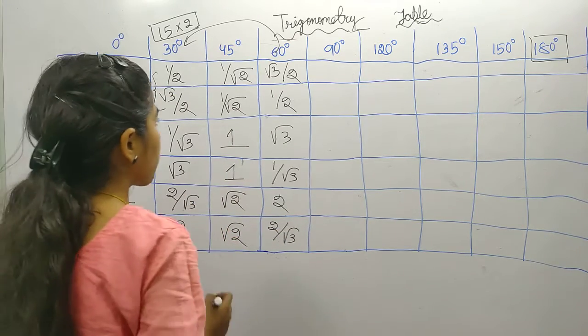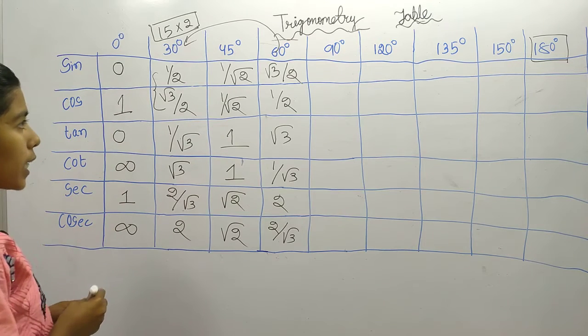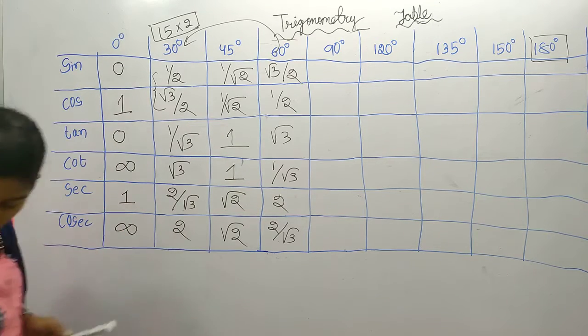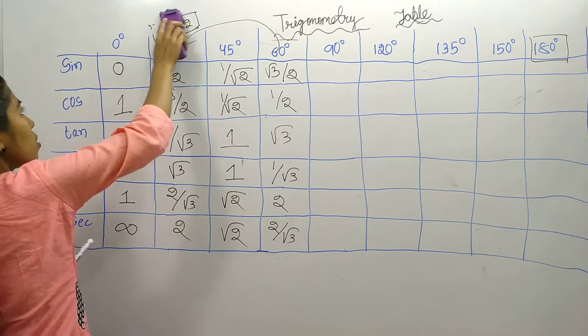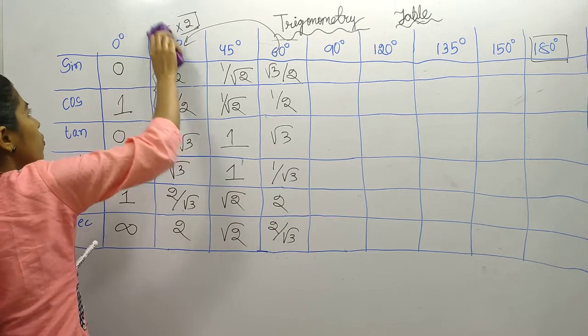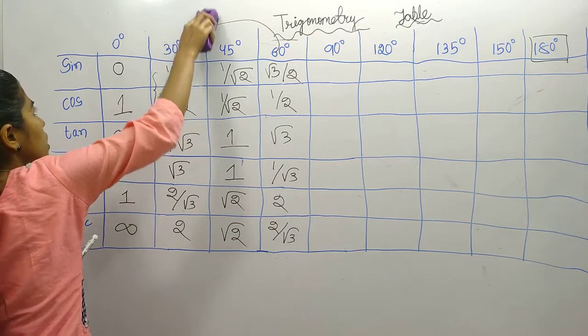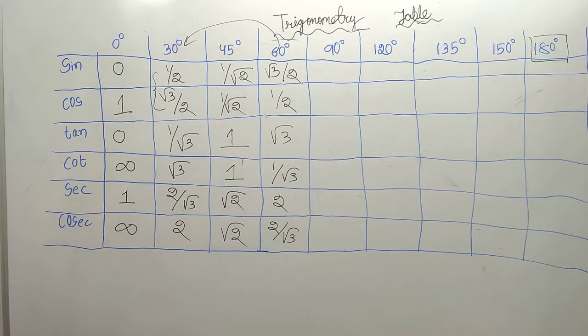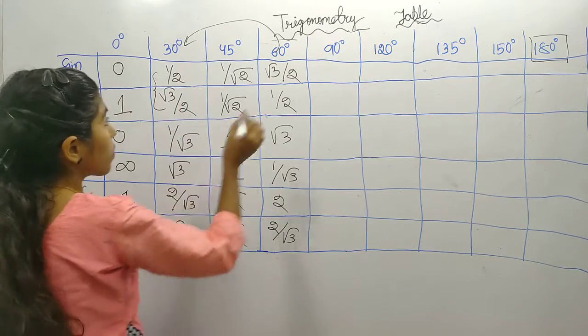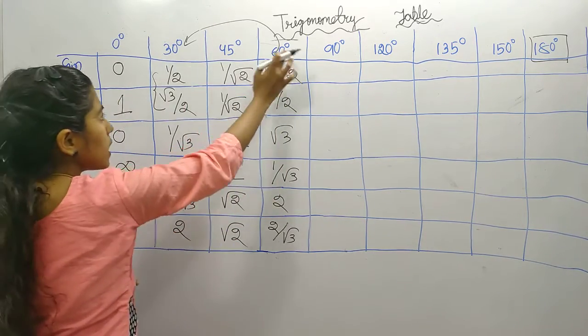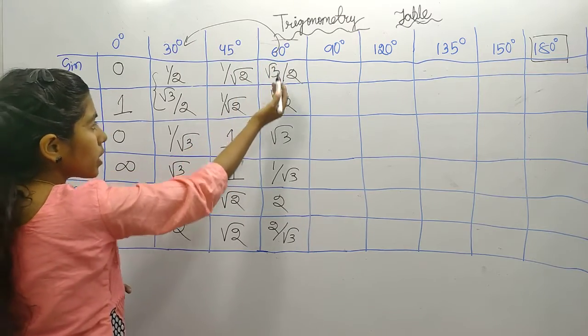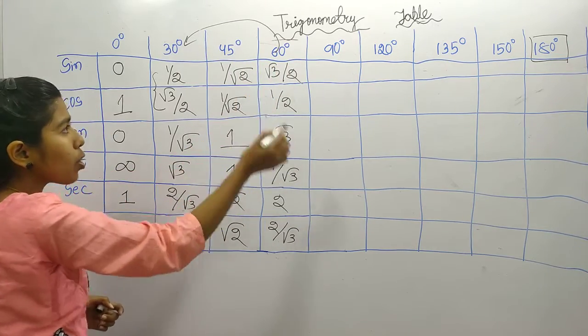Okay. Next we will move to 90 degree. Here you see, in case of 90 degree, how we will find the values. So, here you see, in case of 30 and 60 we have interchanged the values of sin and cos.